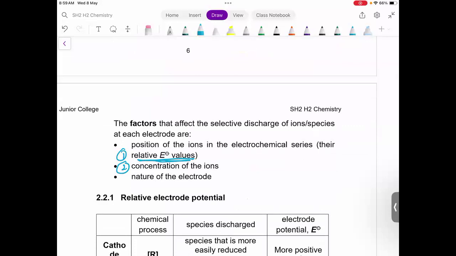So therefore, it can also affect how you select the ions or species undergoing discharge. Okay, then the third one is your electrode. Whether this electrode is an inert electrode or a reactive electrode. Okay, inert electrodes are most often platinum or carbon. Carbon sometimes can also react, depending on what is the product.